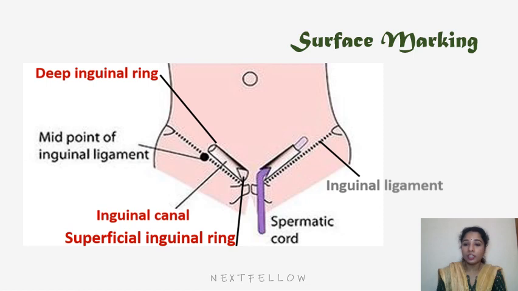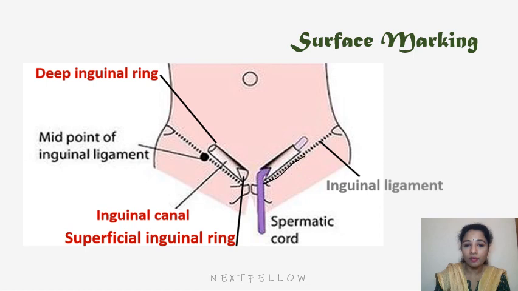Next, moving on to the surface marking of the inguinal canal. The inguinal canal, we know, is an oblique passage. It is not transverse. It is an oblique passage in the lower part of the anterior abdominal wall, situated just above the medial half of the inguinal ligament.